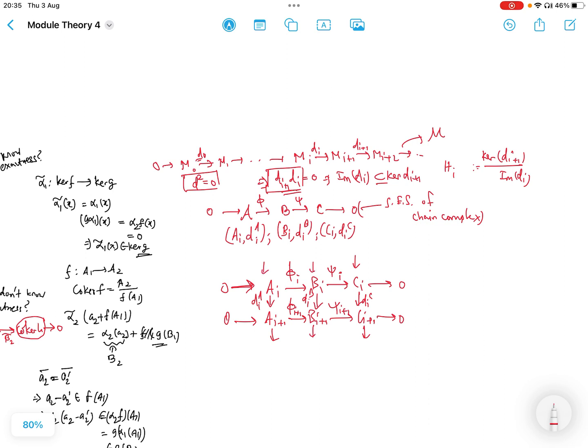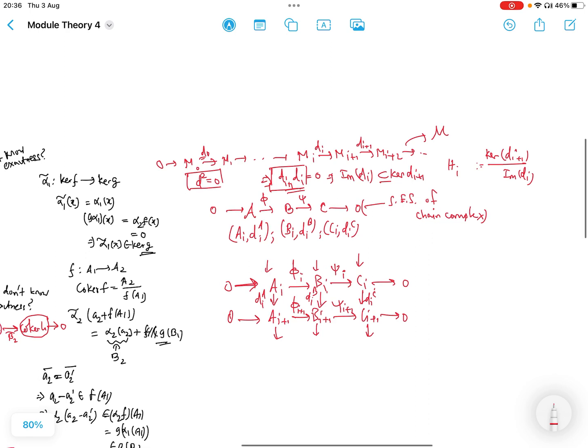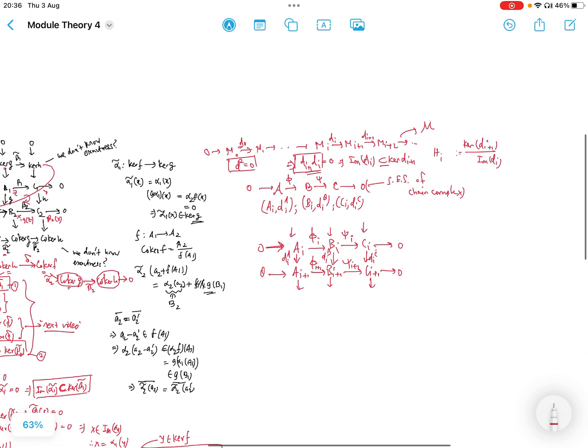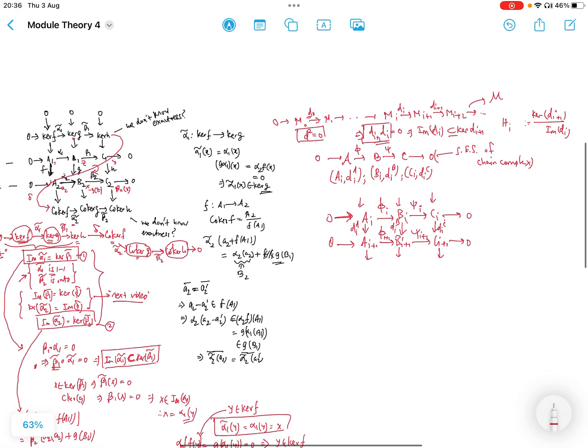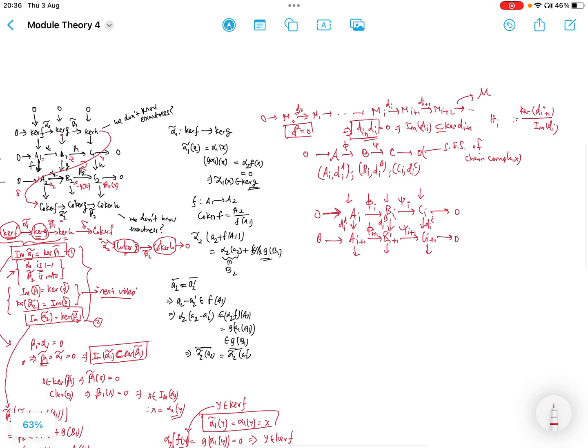Now you can talk about the quotient at each level: the quotient here, then here, then here. Then using the Snake Lemma, we can induce a map from this homology group to this one, I mean from the homology group at this level to the homology group at this level.